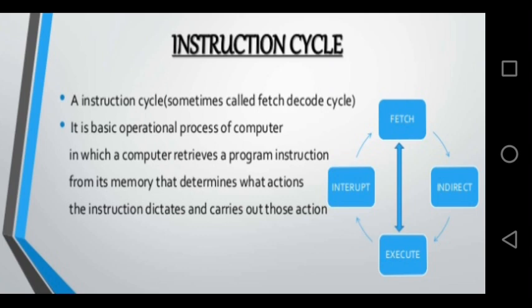All of you know that the program counter is the register which contains the address of the next instruction to be executed. And there is the IR register, the instruction register. It contains the current instruction being executed by the CPU. And there are two special registers related to memory, that is the memory address register and the memory data register.